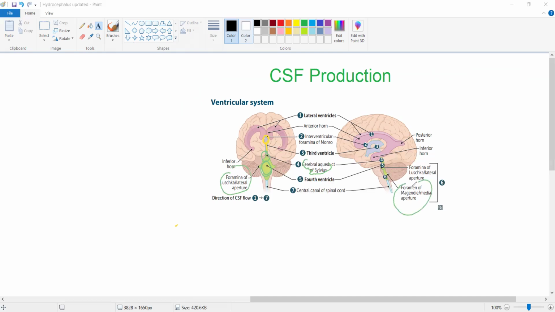The foramen of Luschka is lateral and the foramen of Magendie is medial. When the CSF is in the subarachnoid space, it is then reabsorbed into the dural venous sinuses. This is how the CSF flows. Does it make sense?